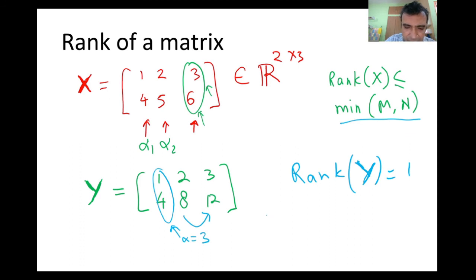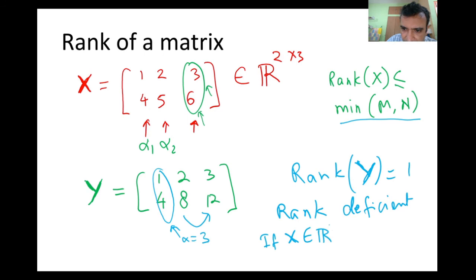In that case, for square matrices, when you have size m times m and the rank is less than m, then these are called rank deficient matrices. And for a square matrix, if X belongs to R m cross m and rank is equal to m, then it is called full rank.